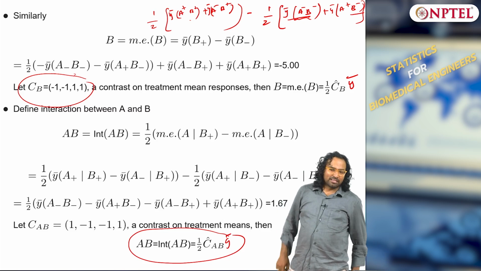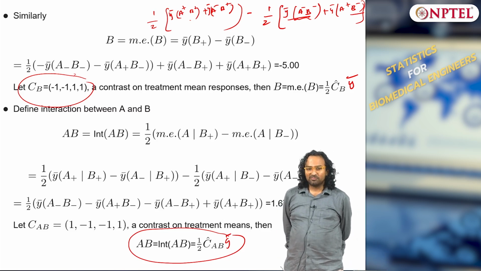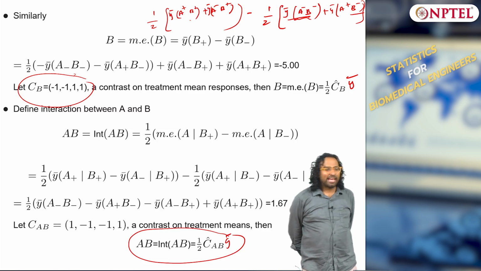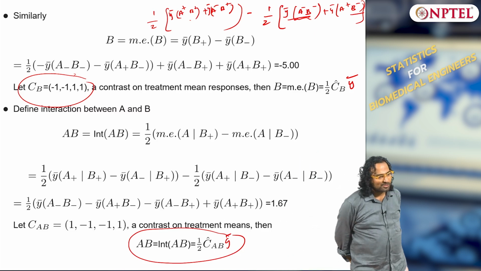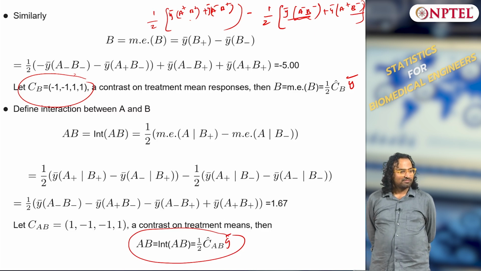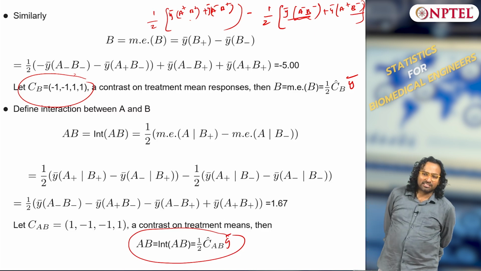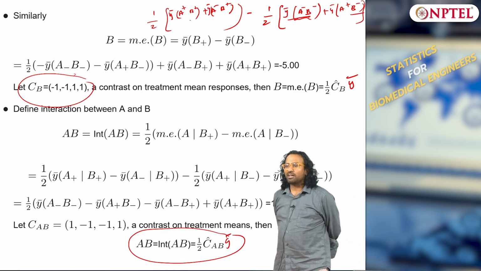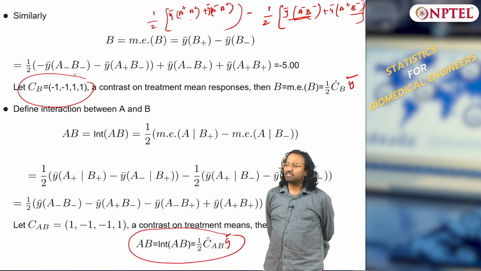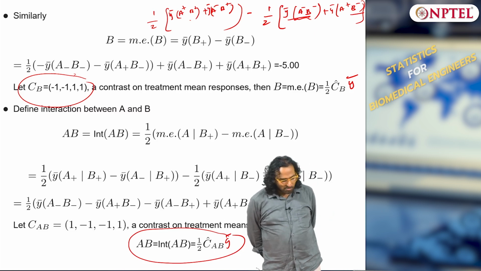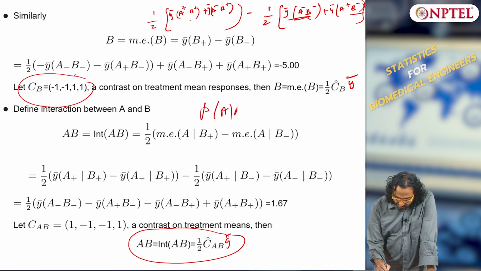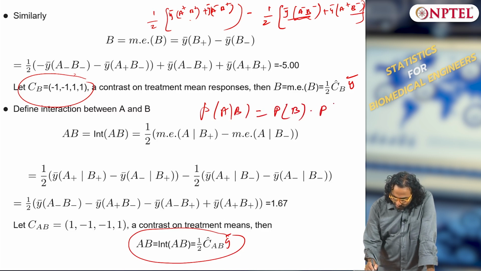Here I have done something different. What have we written here? Main effect of A given B plus. How is this written? What is the relation between conditional probability and intersections? We have learned this. What is the probability of A given B? Probability of B into probability of.